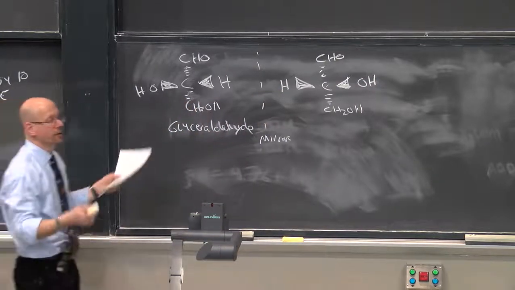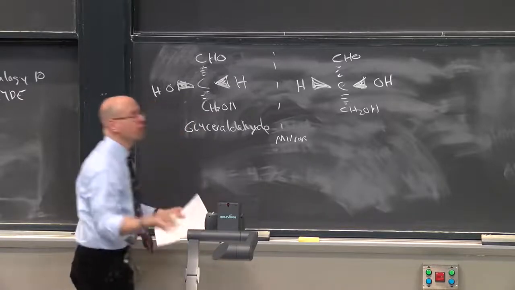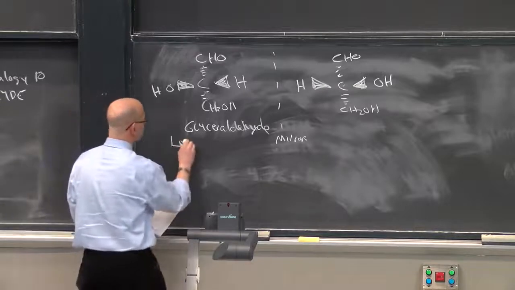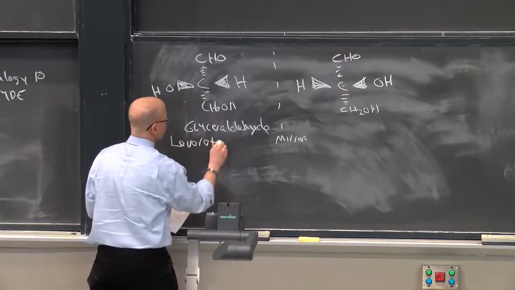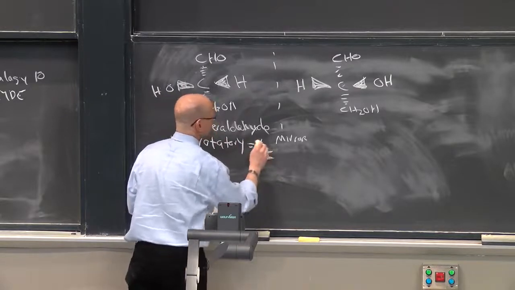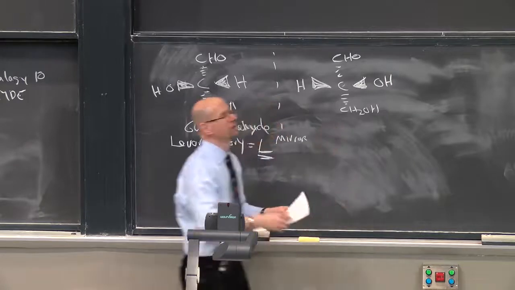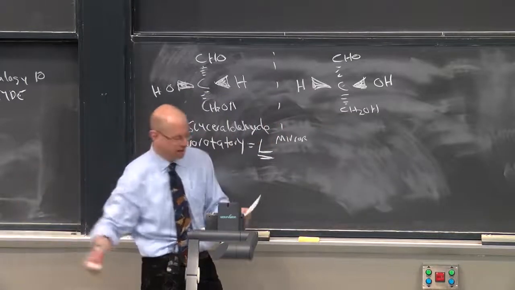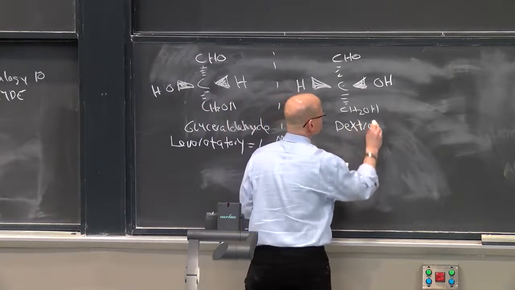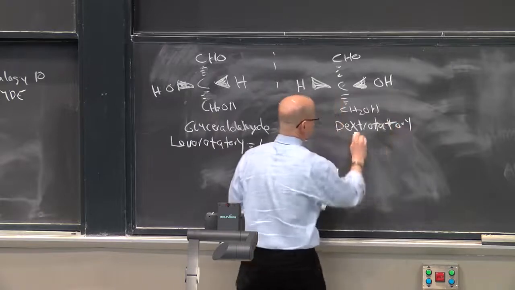It turned out that this isomer of glyceraldehyde rotated a plane of polarized light to the left, and so this was called levorotatory, or the L form of glyceraldehyde. This rotated a plane of polarized light to the right, dextro for right in Greek, and so this was dextrorotatory, or D-glyceraldehyde.